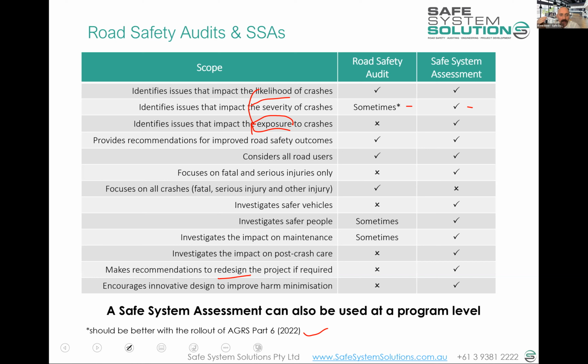Take a raised intersection on a high-speed road. I'm going to use a signalised intersection example: an 80 km/h crossroads with multiple lanes of traffic.